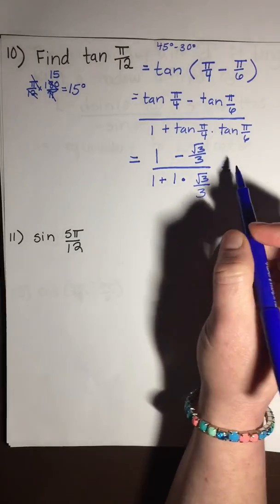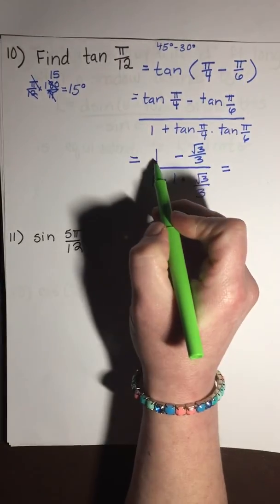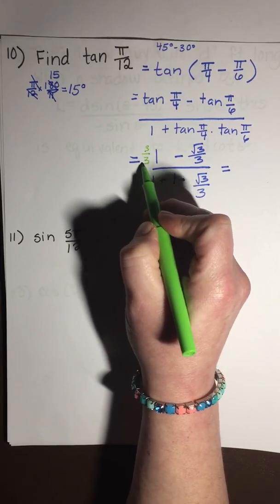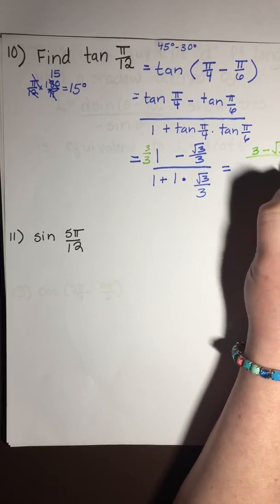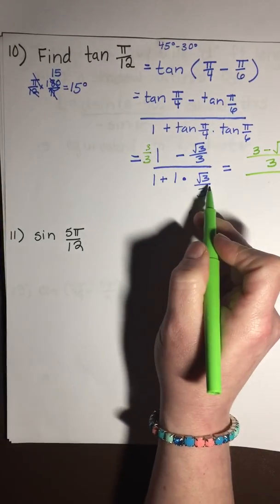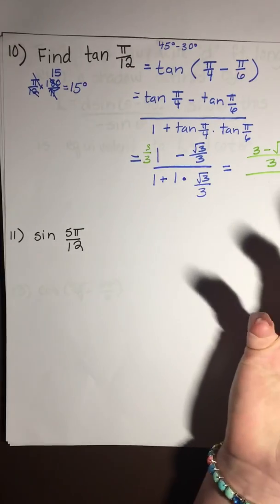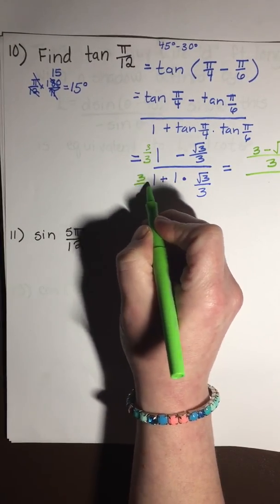All right, I'm going to do a common denominator. So I know that 1 is the same thing as 3 over 3. So this would be 3 minus the square root of 3 over 3 divided by. And then 1 times anything is itself, so I'm going to pretty much do the same thing. 1 here could be this 3 over 3.